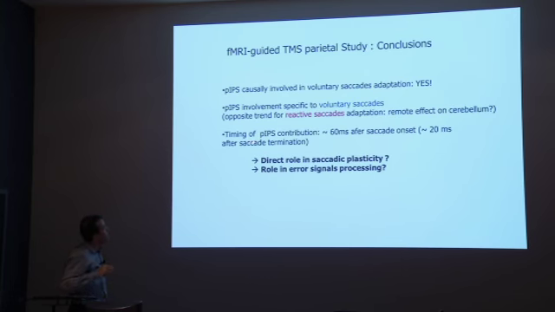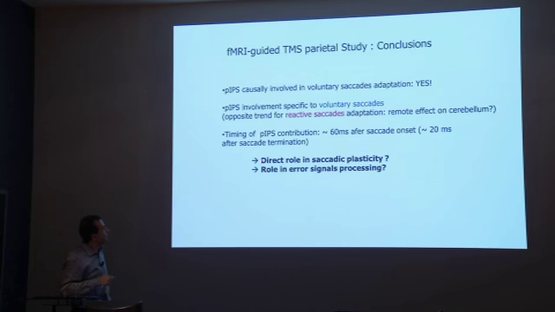And then we also disclose that the effect on voluntary saccade adaptation when stimulating PIPS was observed only for the intermediate timing, that is when we stimulated around 20 milliseconds after saccadic termination. So just when the eyes have landed near the target, and just when the feedback is coming through.